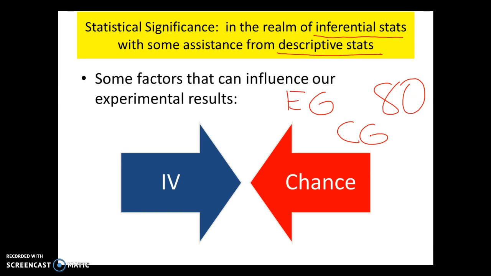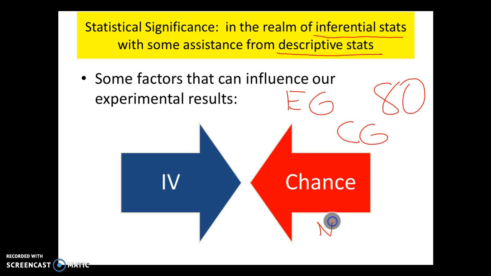All right, now, what are some of the factors? If we've done random selection, we've done random assignment, and we have controlled for the best of our ability for confounding variables, there are two things that can influence the outcome of our results in an experiment. And that's obviously the independent variable or chance.